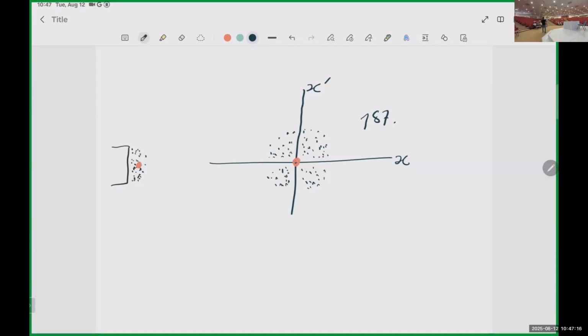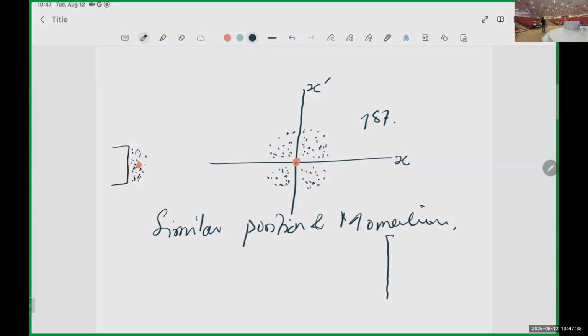That is a distribution. So a beam is defined as a collection of particles which have similar position and momentum coordinates. In fact, we have to define a state vector in X, in Y, in energy, and in phase.